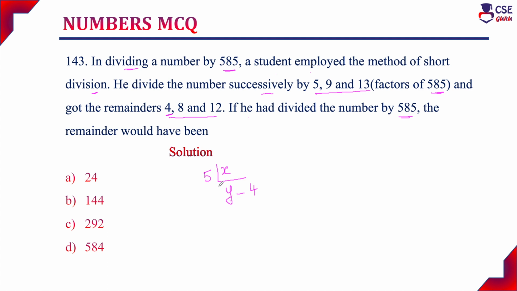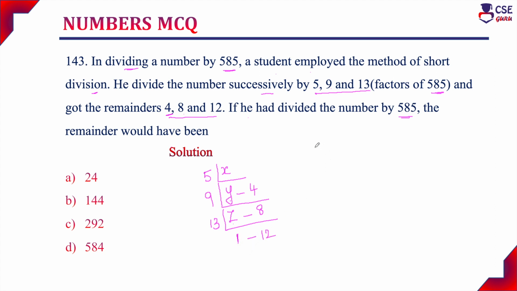Again, when this y is divided by 9, we will get quotient z and the second remainder 8. Again, when this z is divided by 13, the quotient is always 1 at the last step and the remainder is 12.